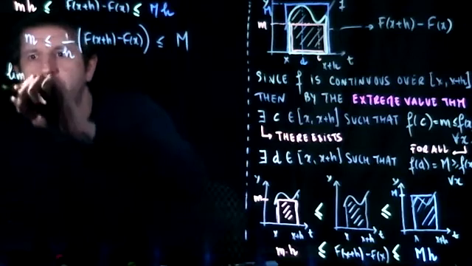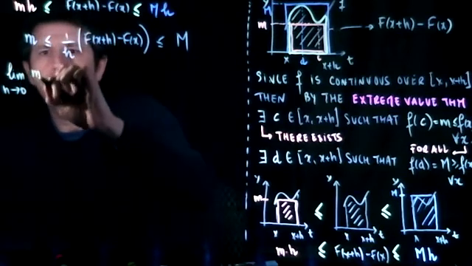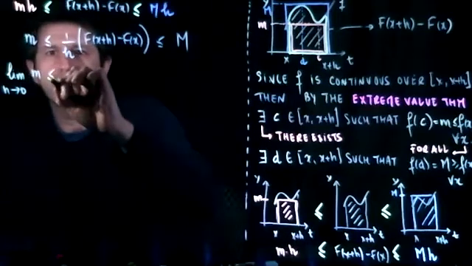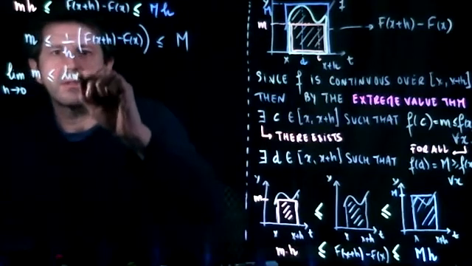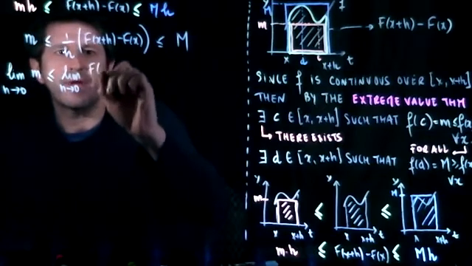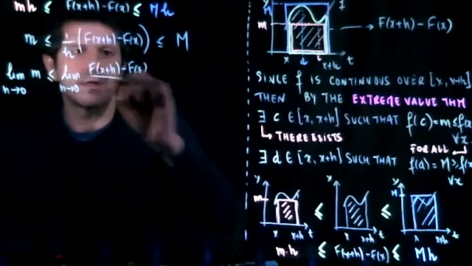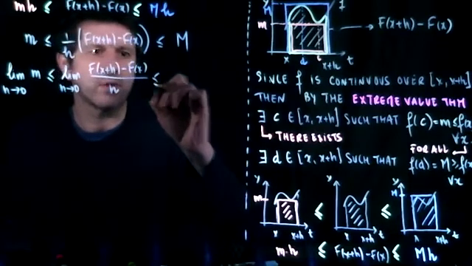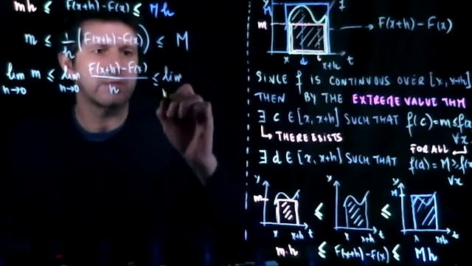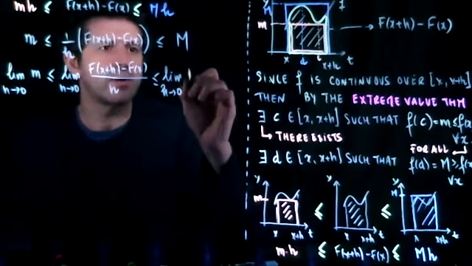So limit as h approaches 0 of m, smaller than or equal to the limit as h approaches 0 of f of x plus h minus f of x over h, smaller than or equal to the limit as h approaches 0 of big M.